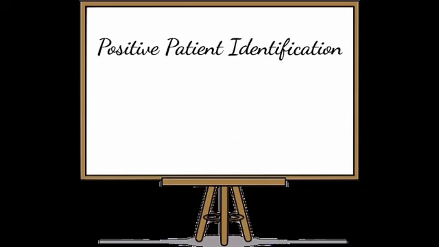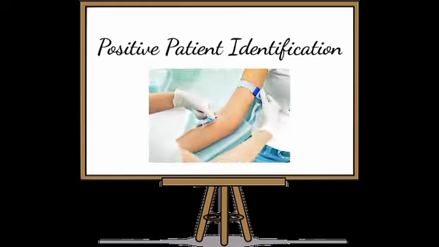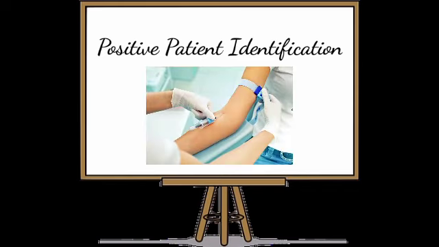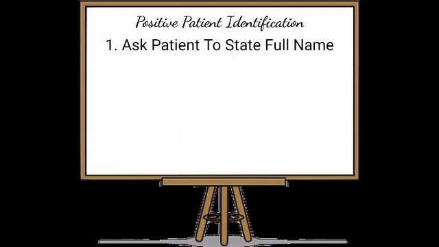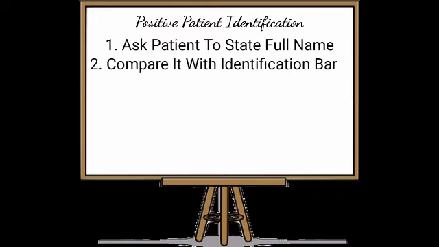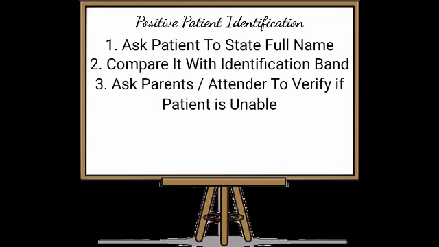Here are some positive patient identification steps that should be confirmed before doing a venipuncture. First, ask the patient to state their full name. Second, compare it with the identification band. Third, ask parents or attender to verify if the patient is not stable or is not able to identify himself.